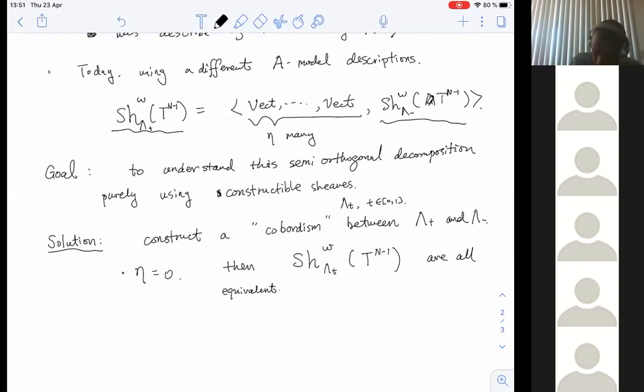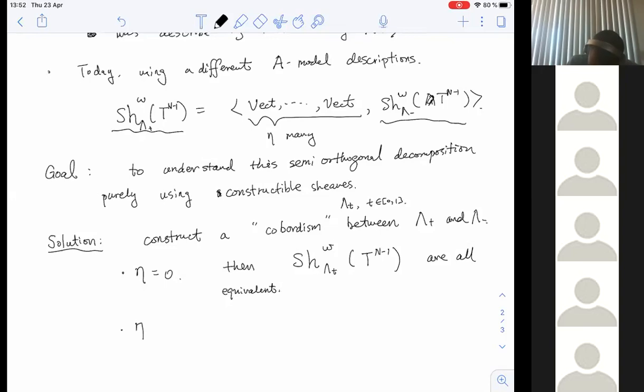So we have a fixed ambient space, T star T^{n-1}, the cotangent bundle of the torus, and we have a moving skeleton going from lambda plus to lambda minus, or maybe from lambda minus to lambda plus.